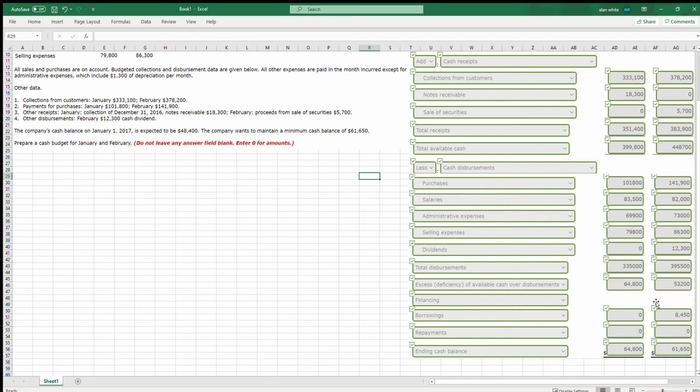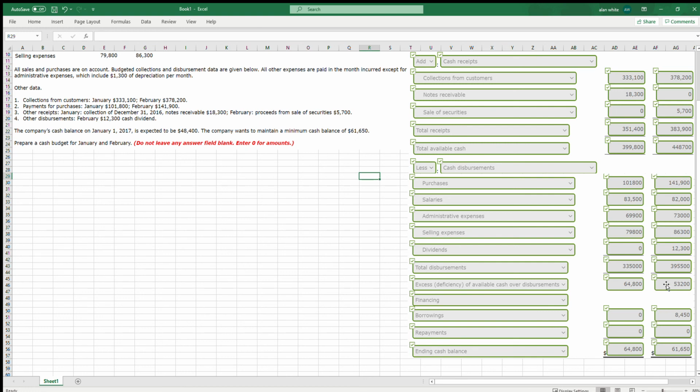And then coming back down to our financing portion, we're going to go ahead and look at that. We have to look and see that $53,200 when compared to our minimum cash balance is under $61,650. So we're going to have to borrow some money to make up the difference, so that way we have at least $61,650 as our ending cash balance for the month.